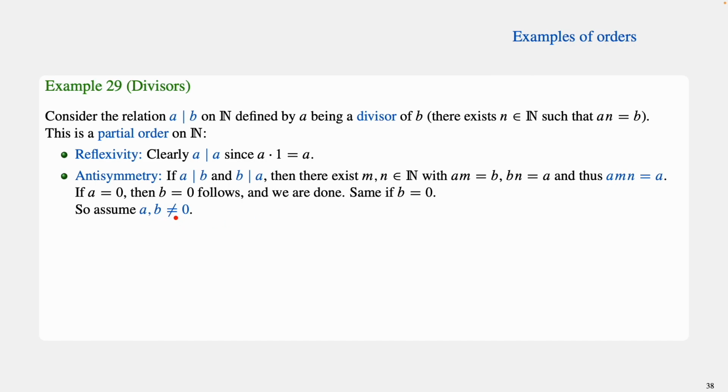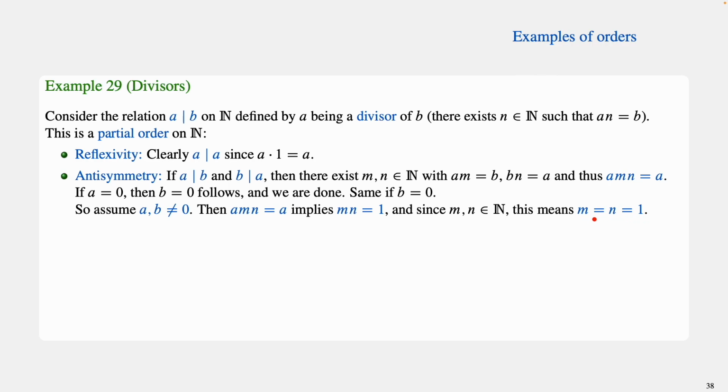So we assume that both of them are non-zero. Then this last one here, A times n times m equals A, implies that m times n is equal to 1, because we can just cancel the A on both sides. And m and n are natural numbers, so the product of two natural numbers is 1 precisely if both of them are 1 already.